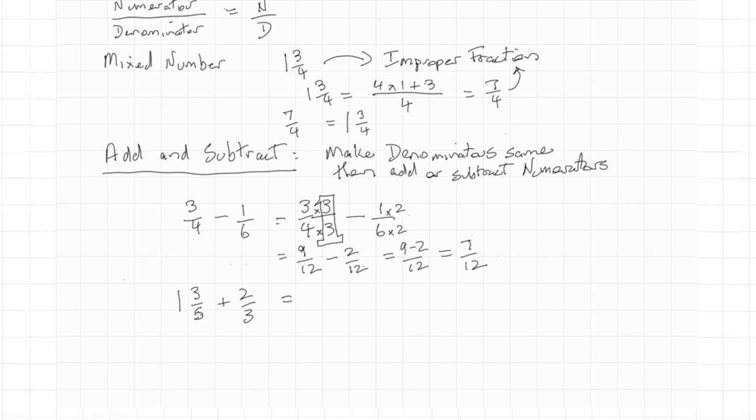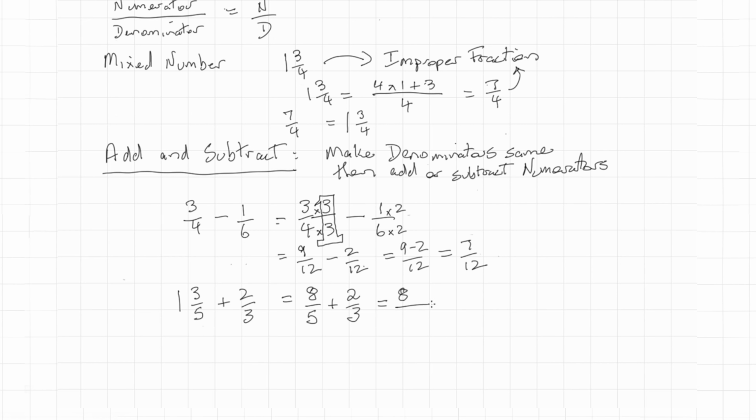We'll do that. 5 times 1 is 5, plus 3 is 8 over 5, plus 2 over 3. We now then just proceed like these, our rule, we make the denominators the same, and then in this case we're going to add the numerators.